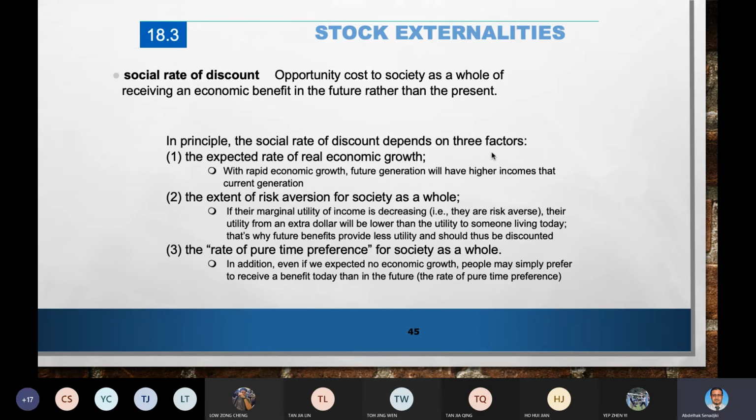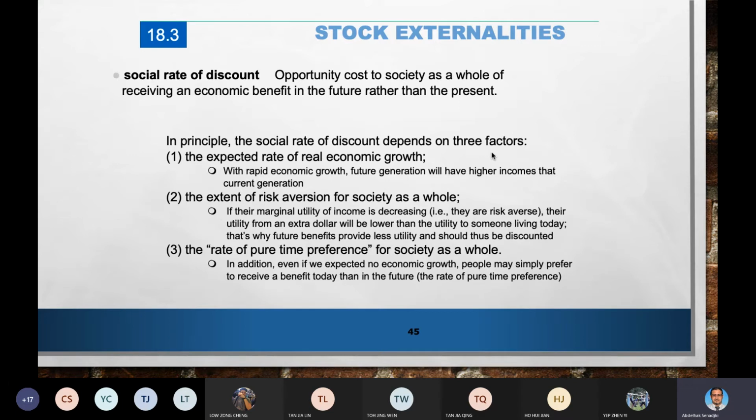So if the marginal utility of income is decreasing, that means they are risk averse, and their utility from an extra dollar will be lower than the utility to someone living today. That's why future benefits provide less utility and should be discounted. So for future benefits, we need to discount, we need to incorporate the interest rate.